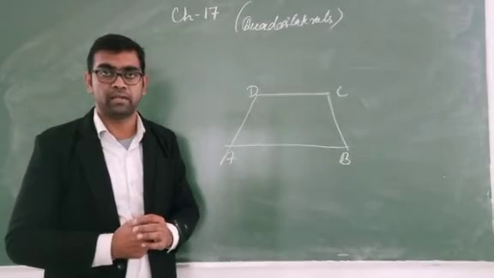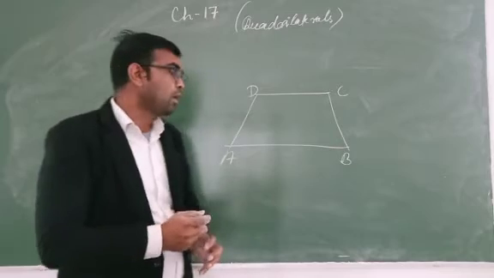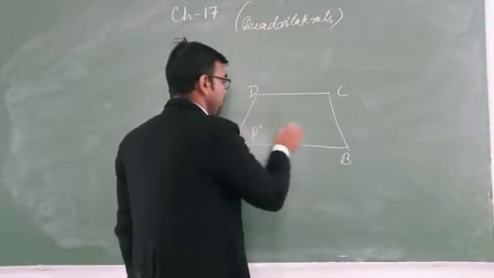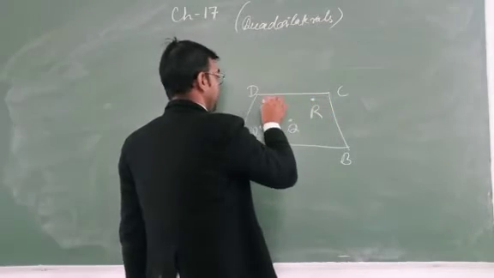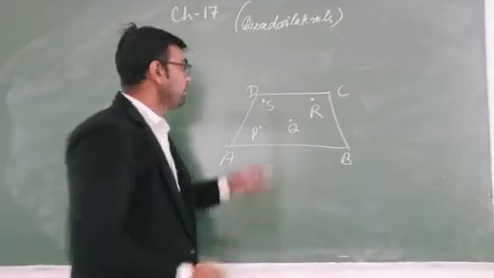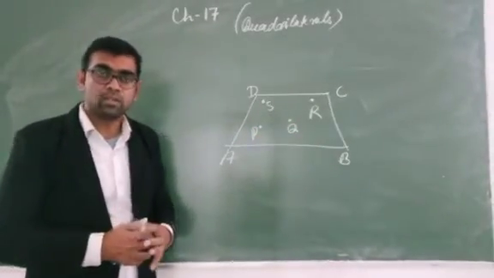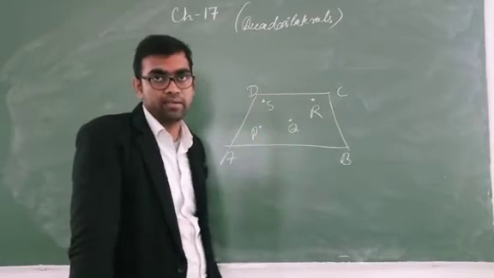Understand? So here are the points P, Q, R, S. P, Q, R, S are interior points of the quadrilateral because these points lie inside the quadrilateral.